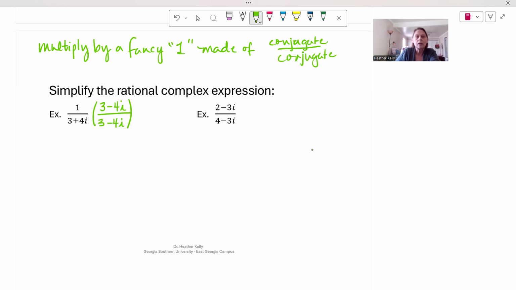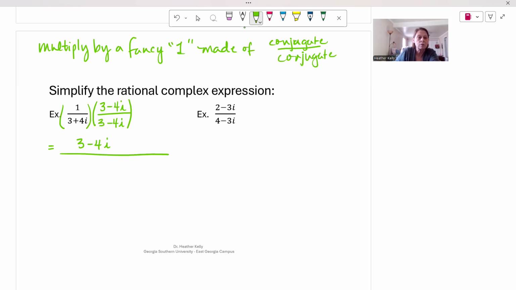Okay, and now let's just multiply through here. 1 times that is just equal to 3 minus 4i on top over, and now be very careful. Remember, this is a foiling situation. A lot of students just distribute that 4i in there without putting parentheses around the two, but remember, we're multiplying those together, okay?